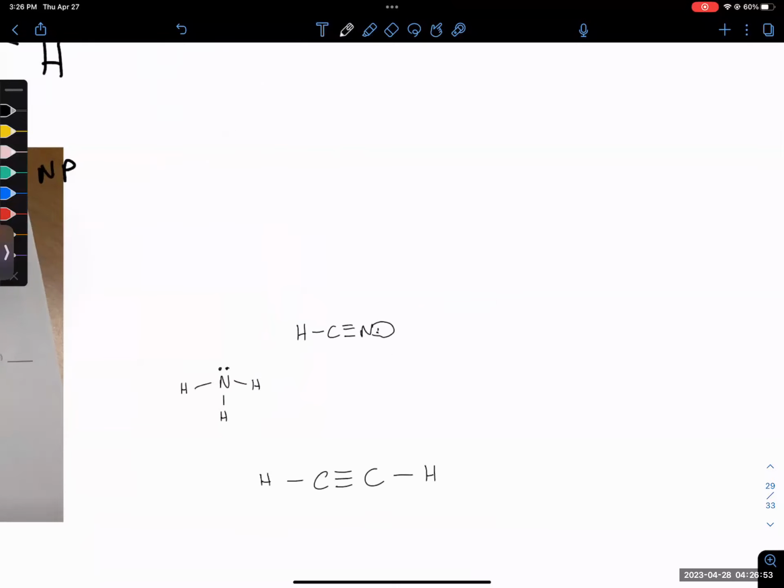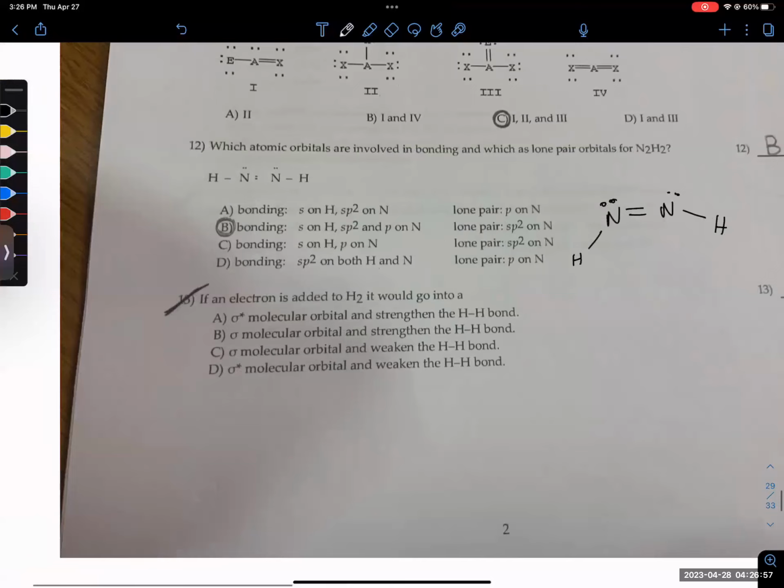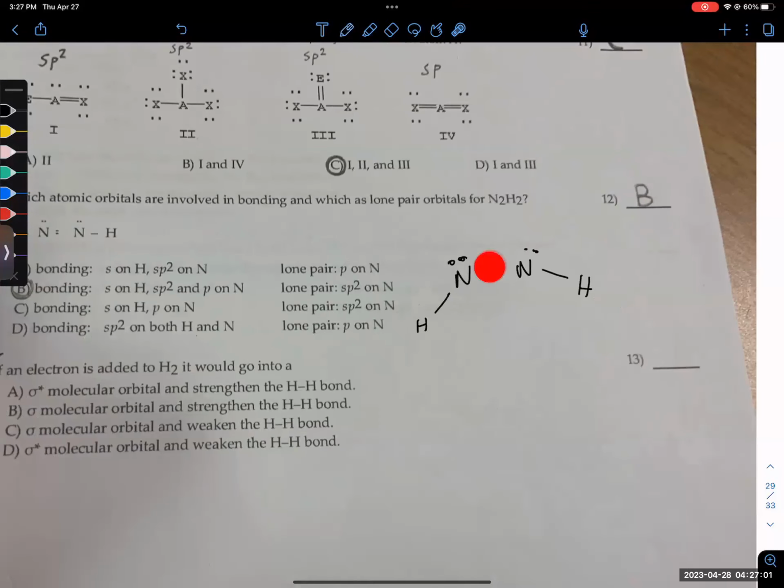Why p? Because, okay, remember how we said this is composed of a sigma bond and a pi bond. Pi bonds are composed of what kind of orbital? P. When you think of pi bonds, think of p orbitals.